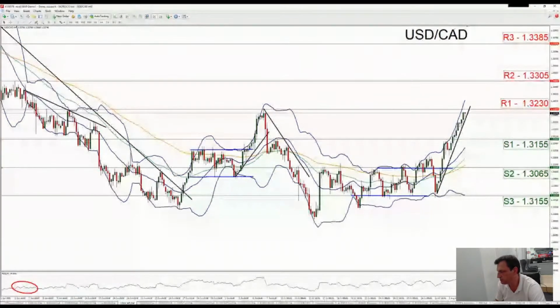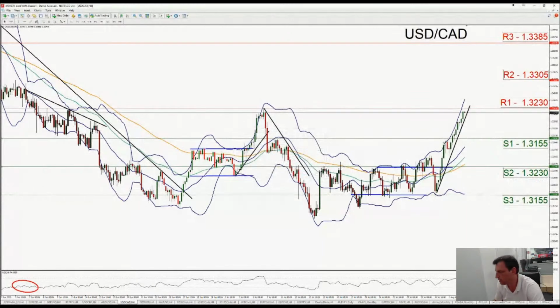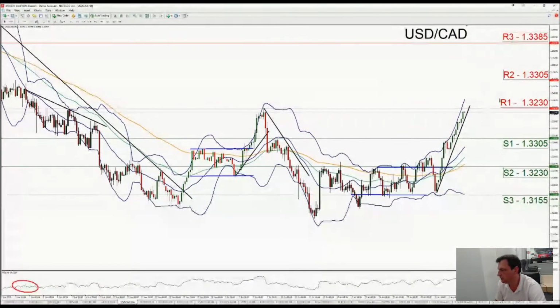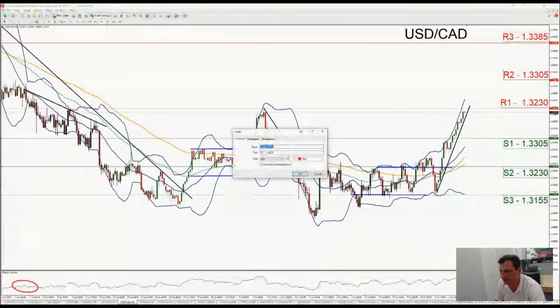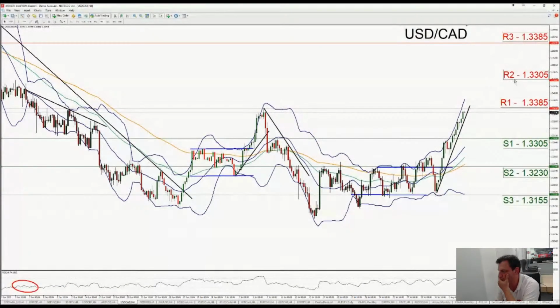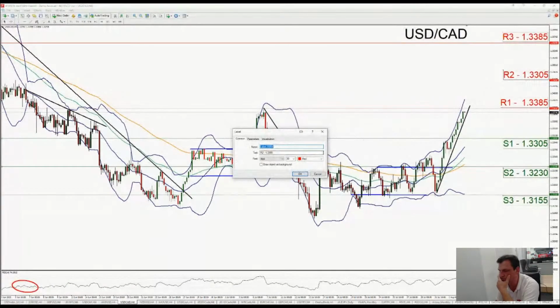Now the S2 is being placed at 1.3230. The S1 at 1.3305. The R1 at 1.3385. The R2 at 1.3460.